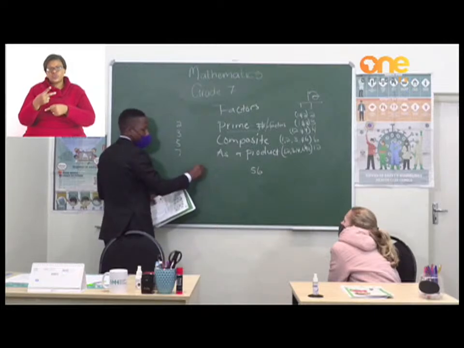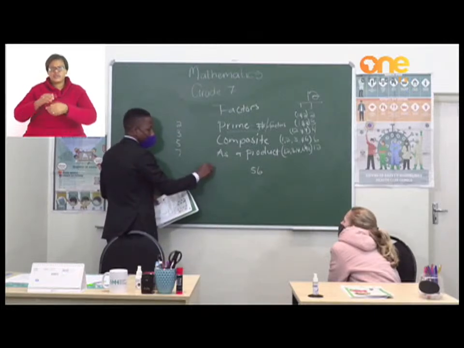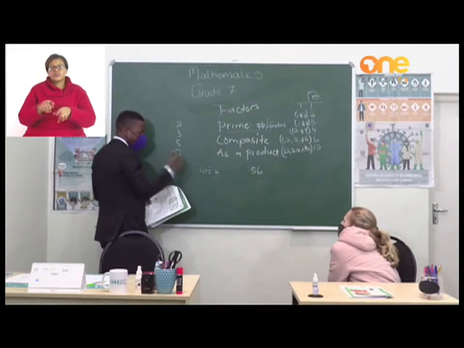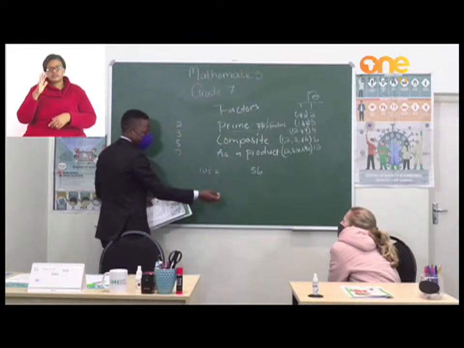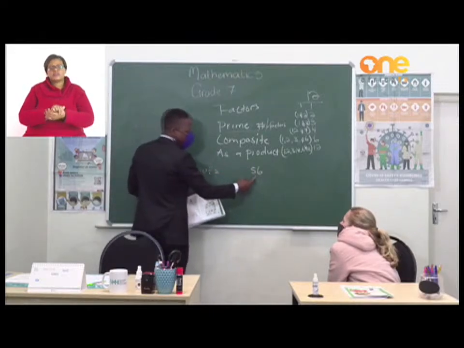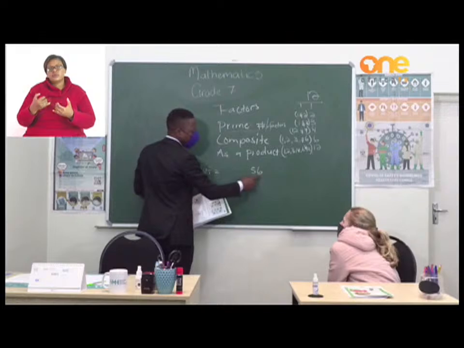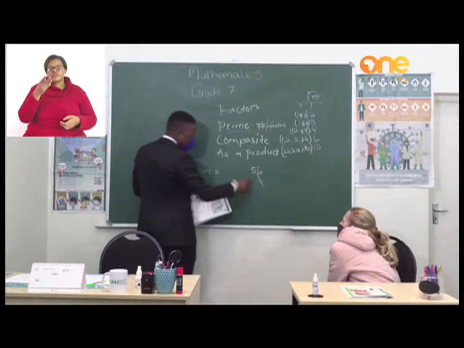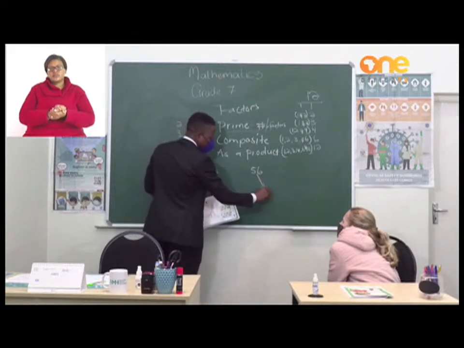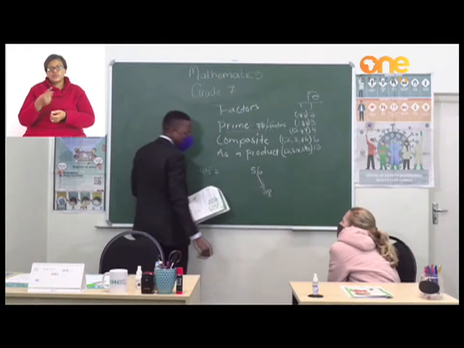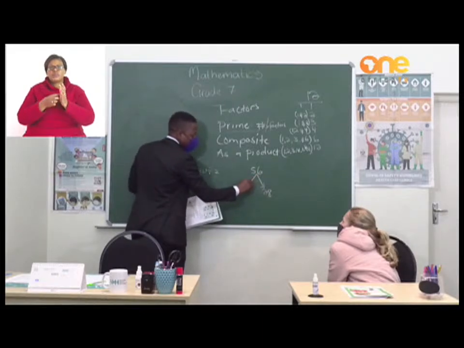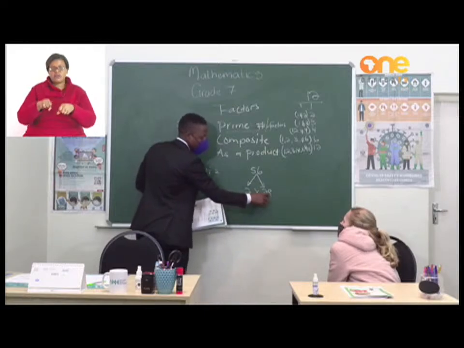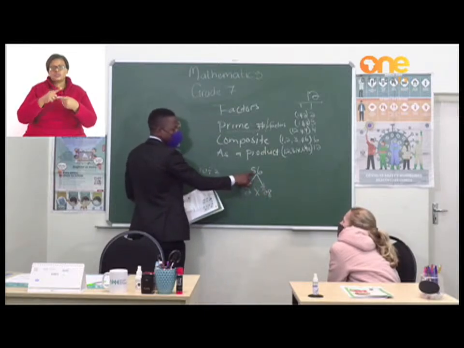Just an example, 10 divided by 2 gives you 5, so it's the same as saying half of 10 is 5. If you have 56, you get 28. It means if I multiply 2 times 28, it must give me 56.